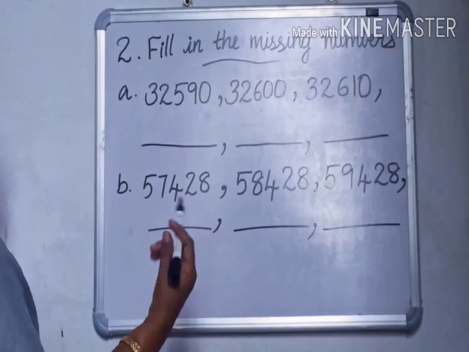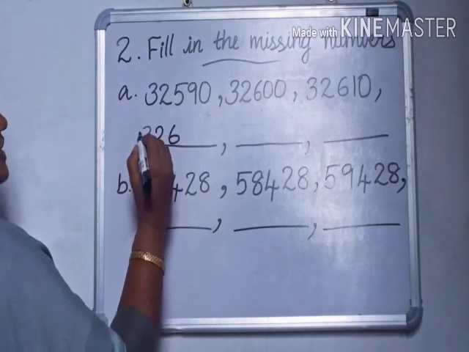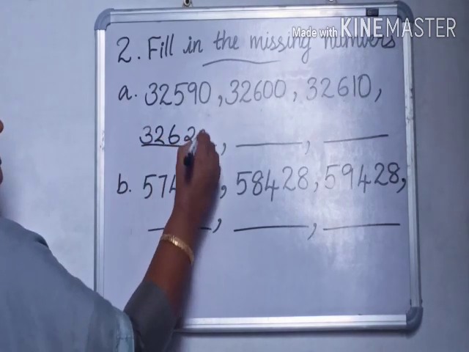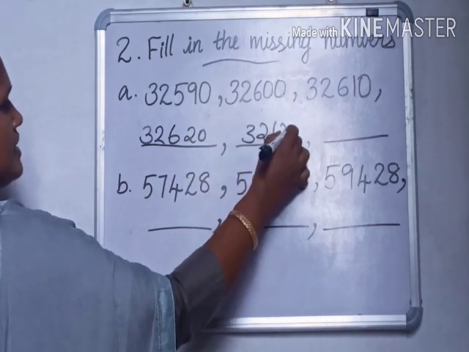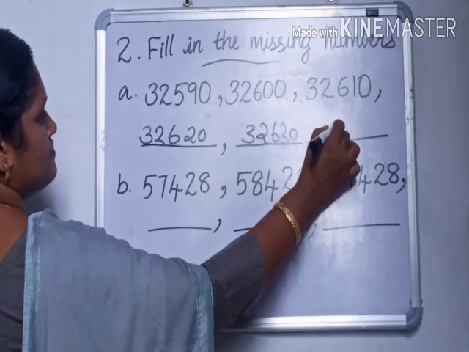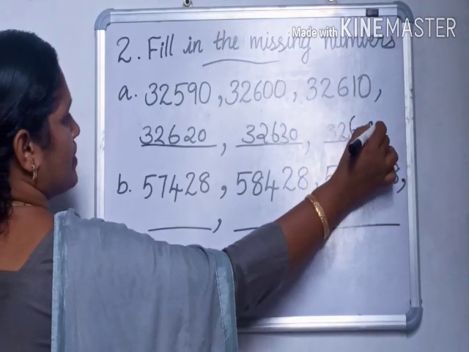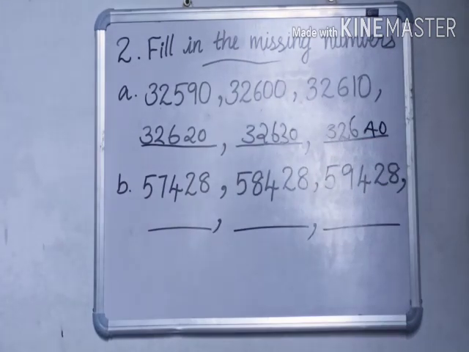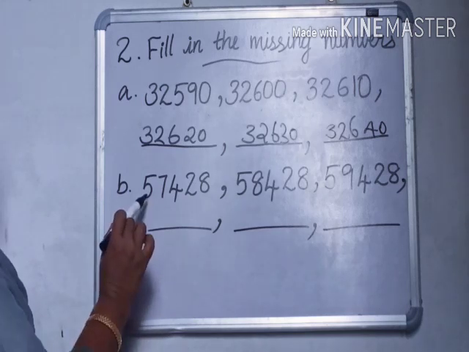So, next number is 32,620. Next is 32,630. Next is 32,640. Clear?